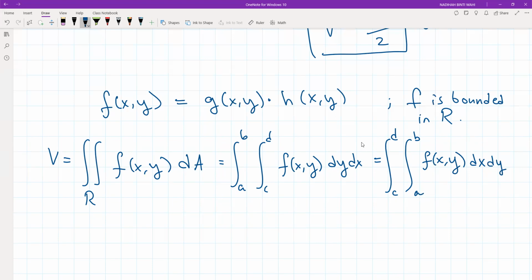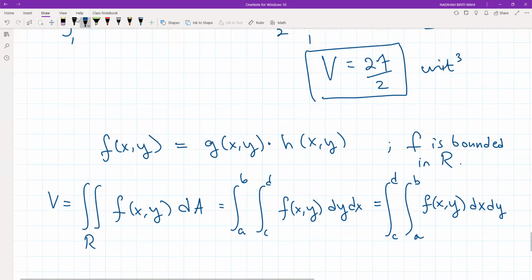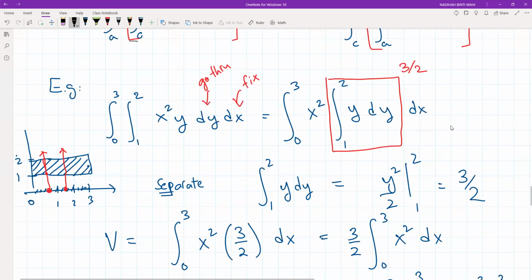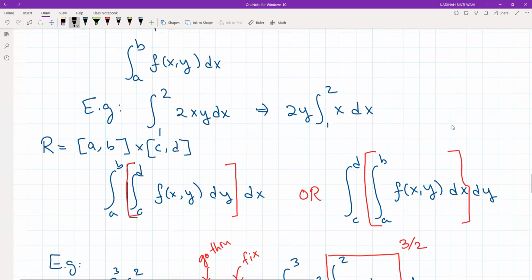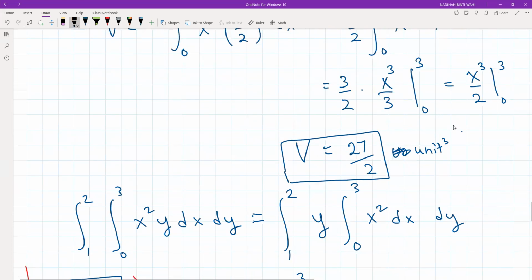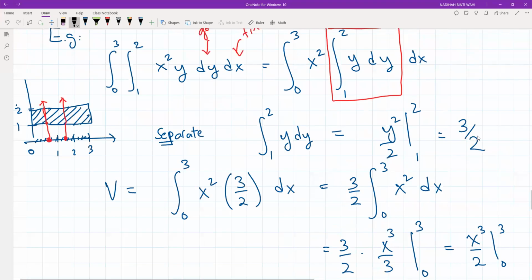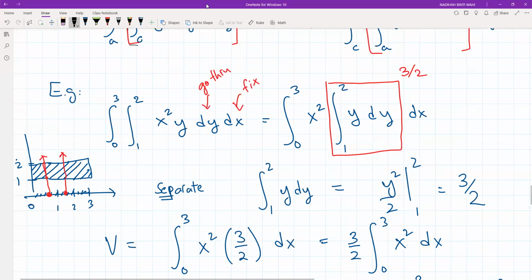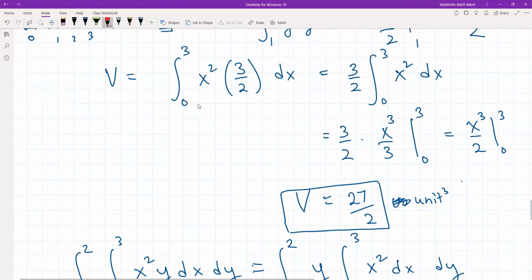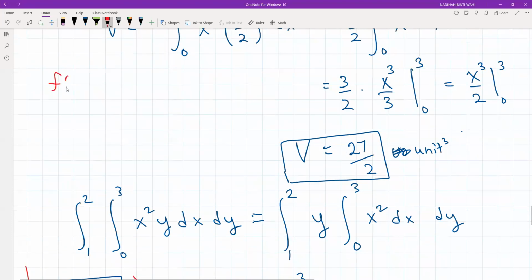I showed the example just now, why? If you look at the examples we saw earlier, let's see this one. If you look at this example, this is f(x, y), which is x squared y.